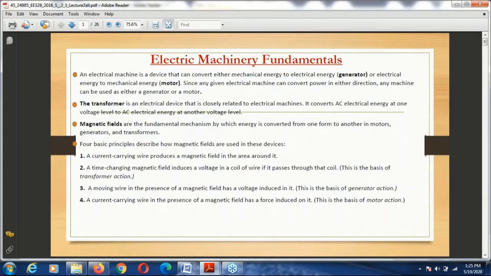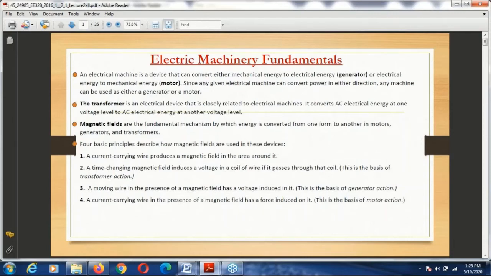Then we have the 4th principle of electrical machines, which is a current carrying wire in the presence of a magnetic field. That's why I was talking about solenoids. A current carrying wire in the presence of a magnetic field has a force induced on it. This is the basis of the action of electric motors.